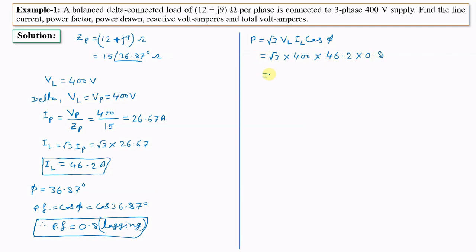So we'll get the power as 25600 watt, or we can write the active power is 25.6 kilowatt. This is the active power of the three-phase delta connected load.